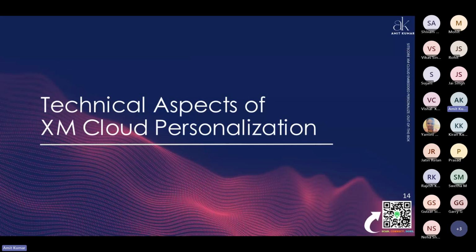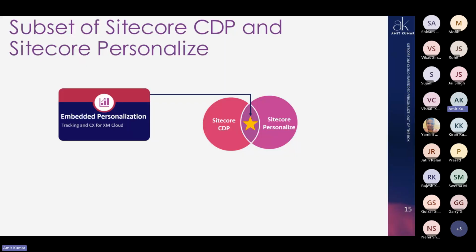As I was explaining, you will be getting some set of personalization rules, right? And some set of analytics data. It means that CDP is providing you the analytics data, and Personalize is providing you the set of rules which you can apply to make your pages personalized based on the analytics data.